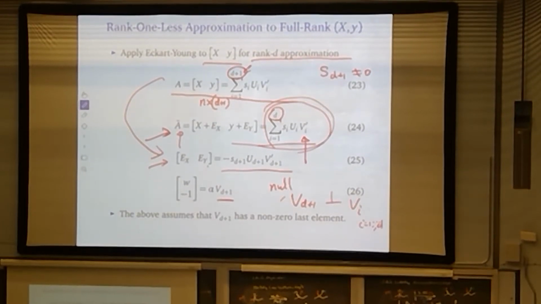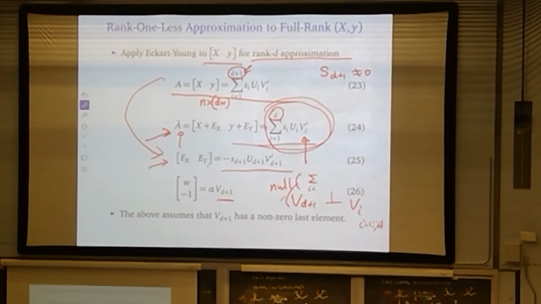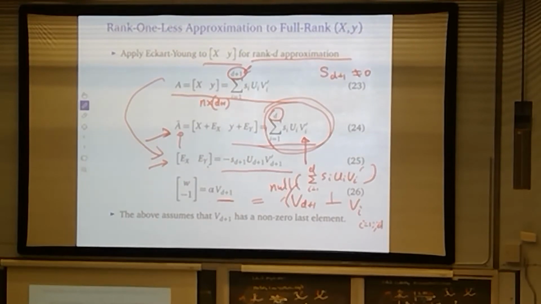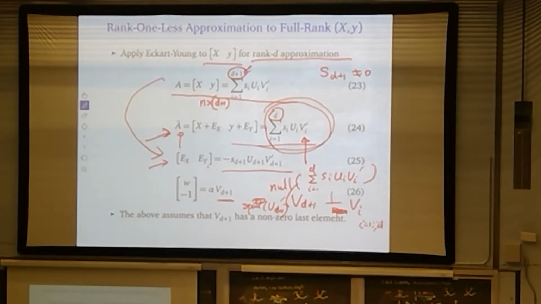Because it belongs to the null space of the sum over 1 to D of S_i U_i V_i transpose, V_{D+1} must belong to the span of V_{D+1}, because each eigenvector is orthogonal to each other.